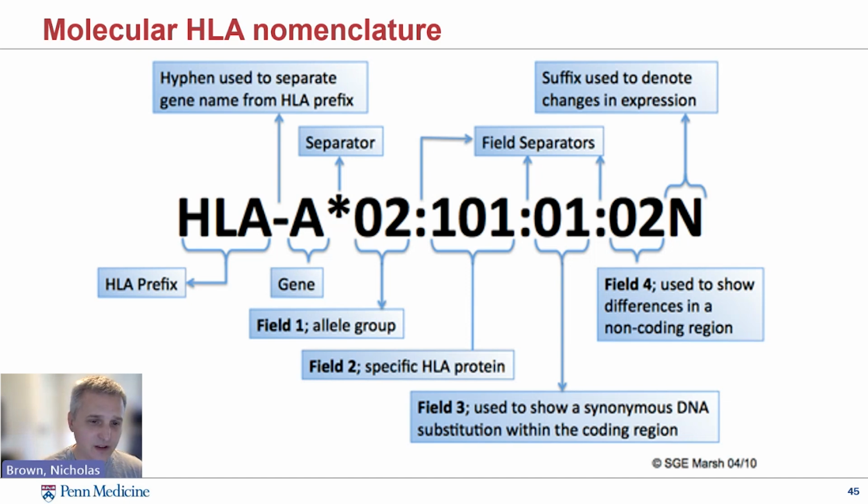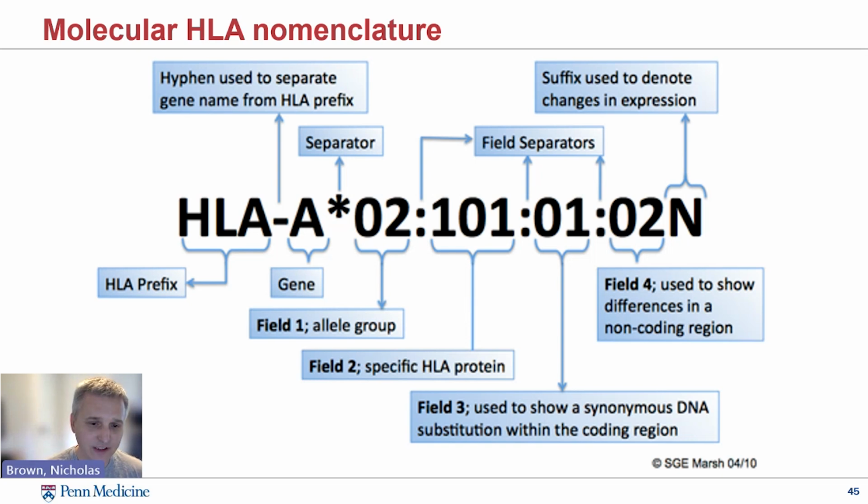There's 2 more fields. This third field here is used to show any synonymous DNA substitution with codon region. The idea there is that the DNA sequence is degenerate, meaning there are different DNA sequences that encode for the same protein sequence. And a difference here is just showing that there's a different DNA sequence, but it still encodes for exactly the same protein.